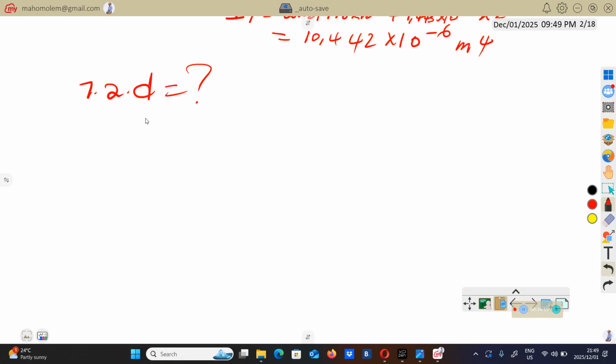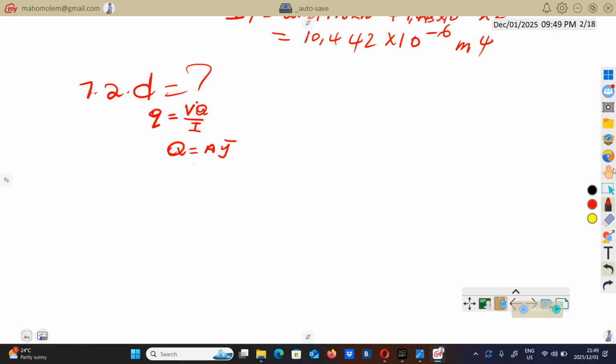Remember shear flow q equals VQ over I. Now maybe let's find the Q. Q equals A multiplied by y bar.